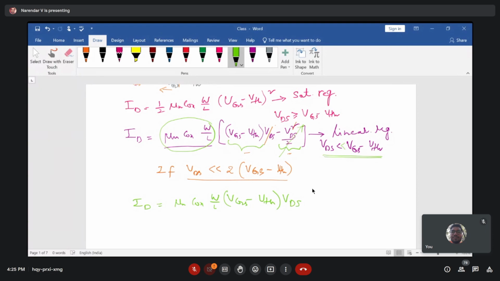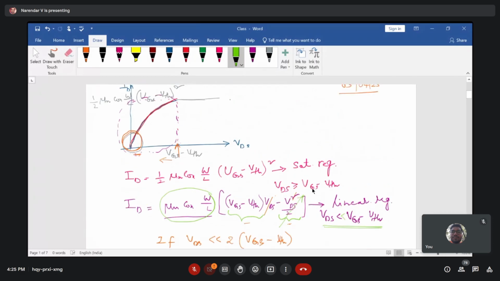If you look at this expression carefully, it is equivalent to I equals V by R. That means current is proportional to the voltage that you are applying, which is your linear variation.